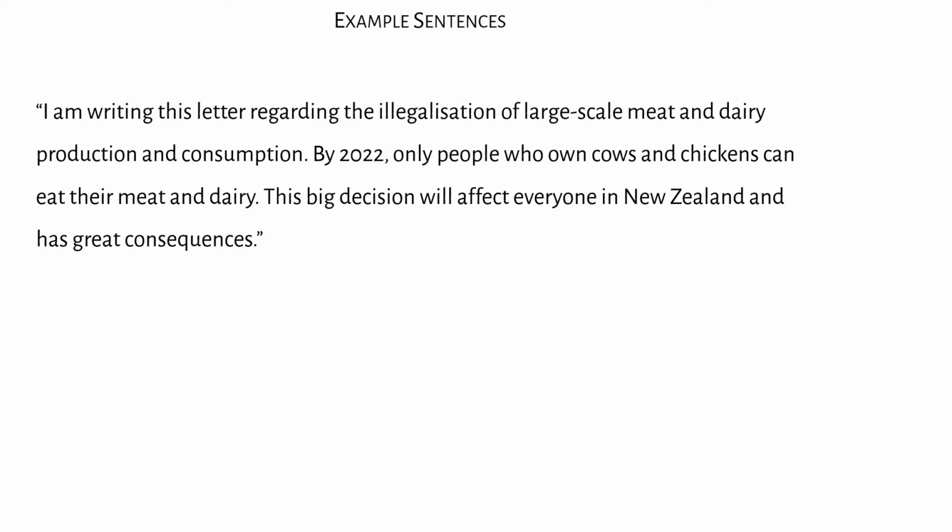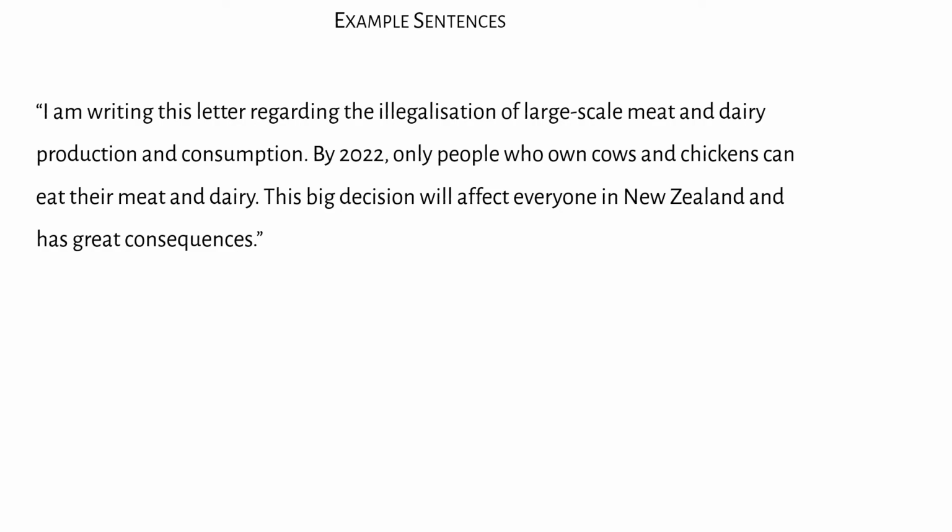A good sentence for your reason of writing is, I'm writing this letter regarding the illegalization of large-scale meat and dairy production and consumption. By 2022, only people who own cows and chickens can eat their meat and dairy. This big decision will affect everyone in New Zealand and has great consequences. This is a good starting sentence, right?